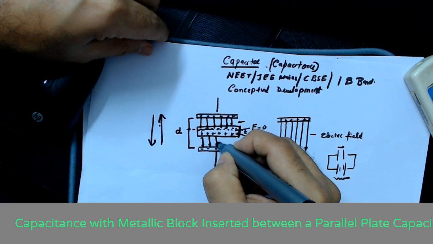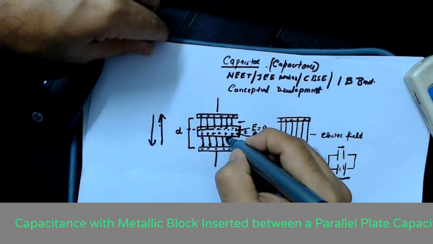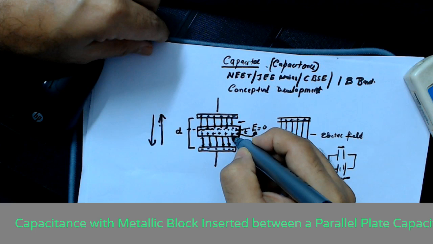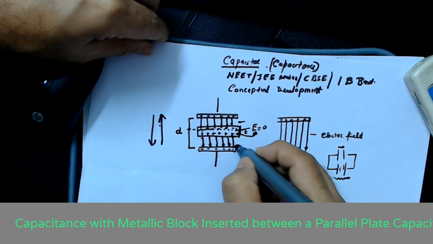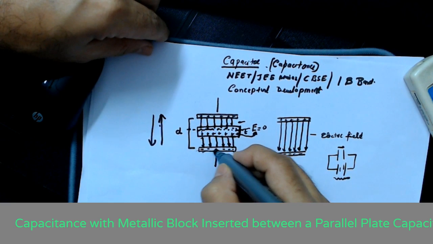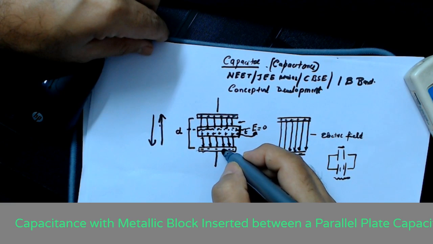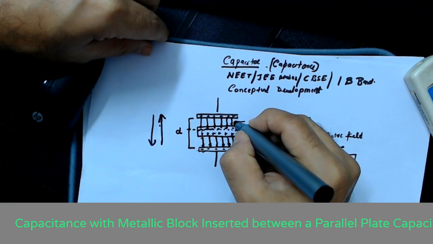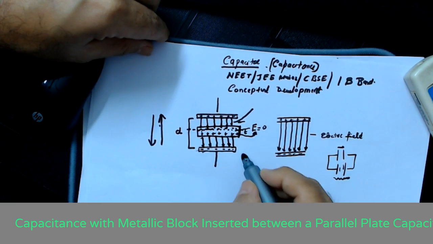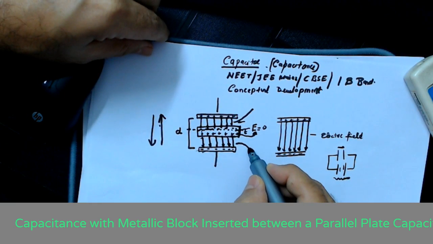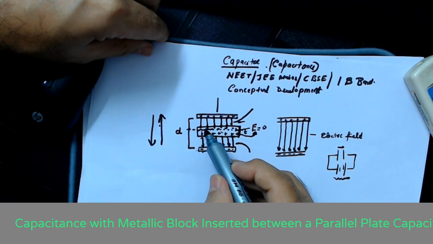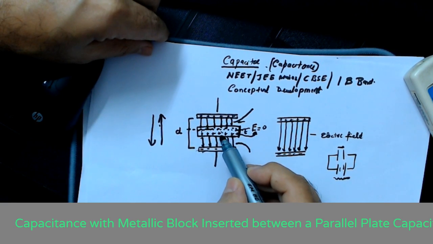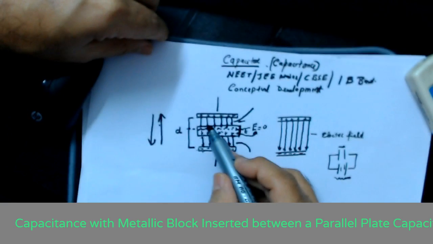So you have electric field here from the charges on the metallic block and the parallel plate which is negatively charged. Essentially, the electric field is appearing in this region and in this region, and in the middle of the capacitor, where the metallic block is located, you have no electric field.